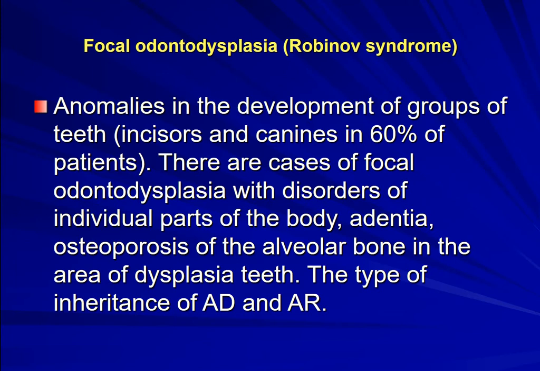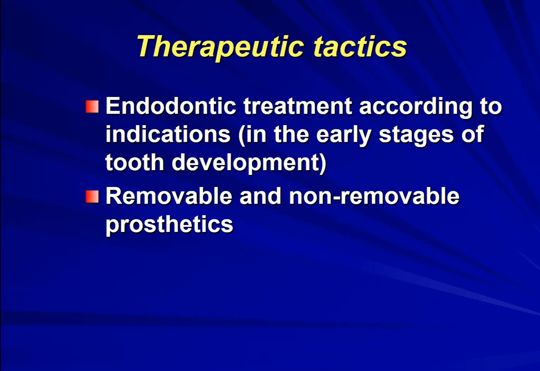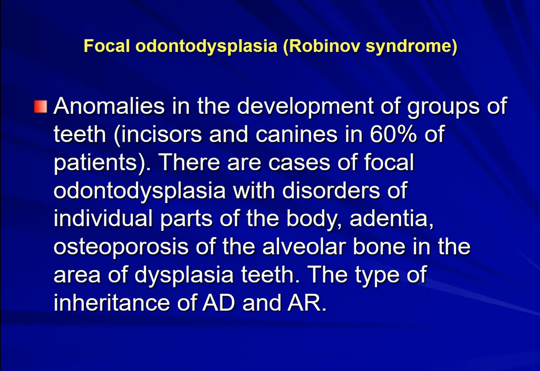There are cases of focal odontodysplasia with disorders of individual parts of the body, adentia, osteoporosis of alveolar bone in the area of dysplastic teeth. The type of inheritance is autosomal dominant and autosomal recessive.